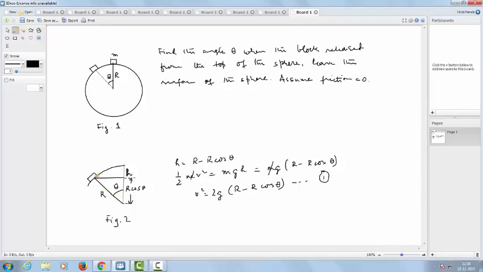So the weight of the block is m times g, and because this angle is theta, the component of the weight will be mg cosine theta. This is the first force.